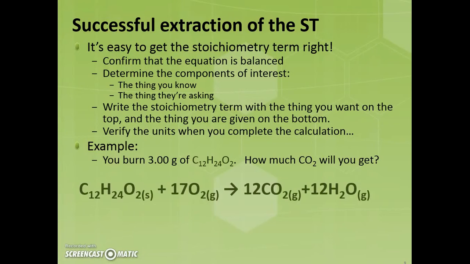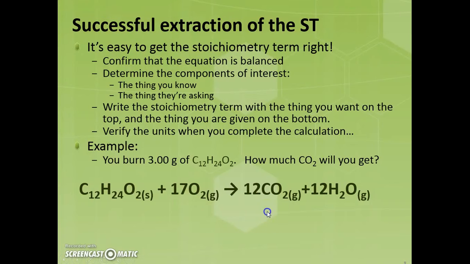Well, we need the balanced equation, of course. And once we have the balanced equation, then we figure out what we know, in other words, what we've been given. We were given the amount of this compound. And we figure out the thing they're asking for, how much CO2 we're going to get. And this gives us what we need to create our stoichiometry term.